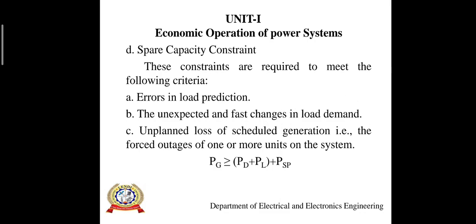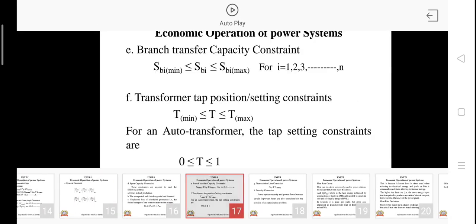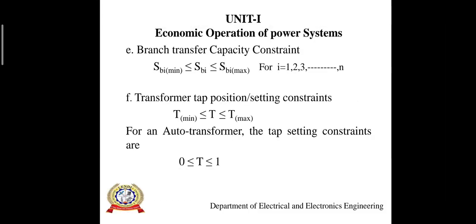And then the branch transfer capacity constraint. So what is the branch transfer capacity constraint? Thermal considerations may require that the transmission line be subjected to a branch transfer capacity constraint.